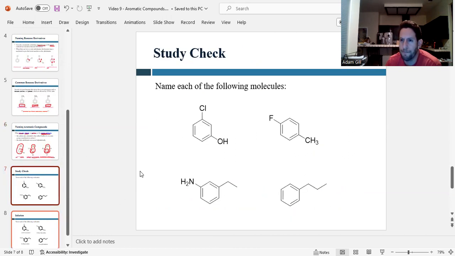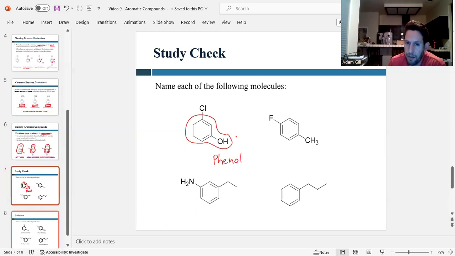Let's do some practice. Name each of the following molecules. All right, so looking at this, we need to figure out what the parent molecule is. And it looks to me like this is the parent, which would be phenol.